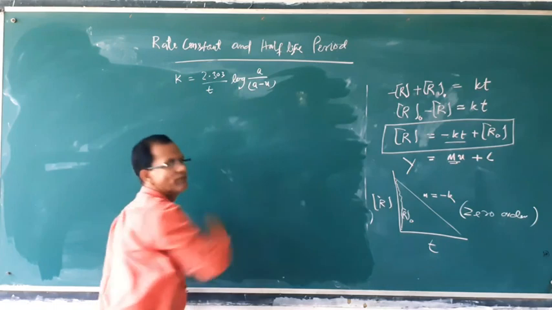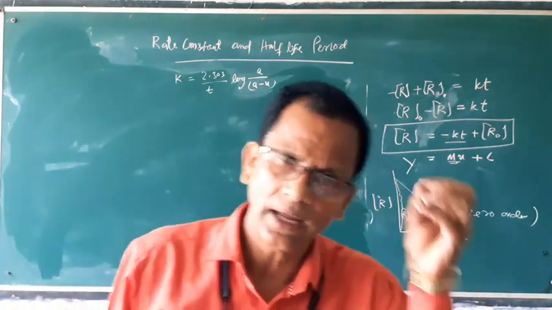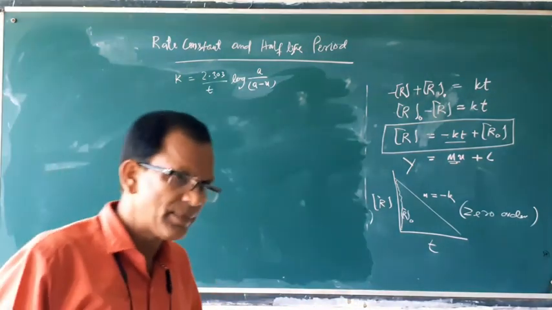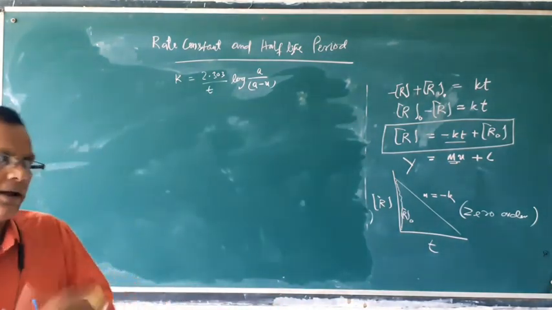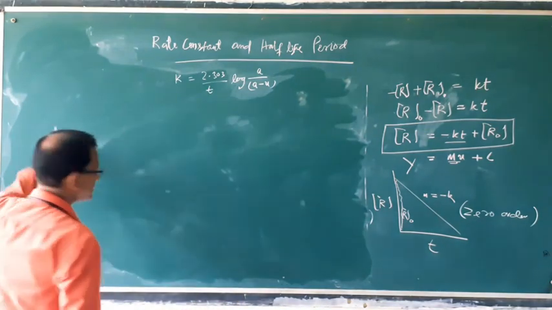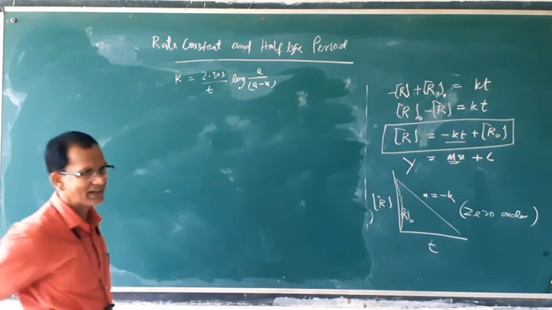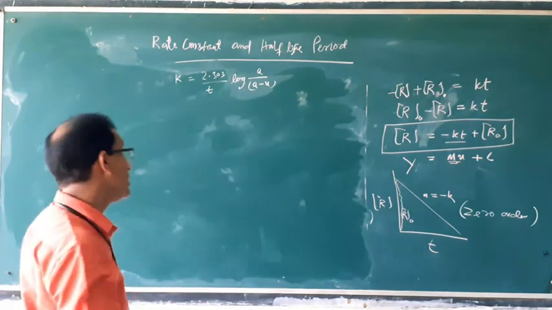I have taken the a form. Don't be confused. a means n0, a means r0, a minus x means n, a minus x means r. Both are the same; we have already expressed different notations. So this is the expression of rate constant for first order.